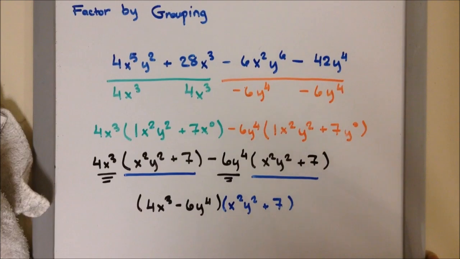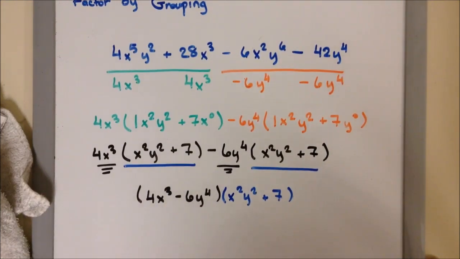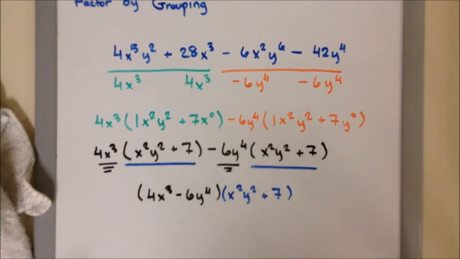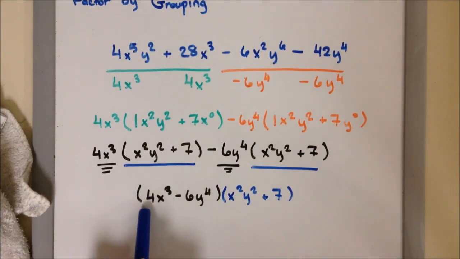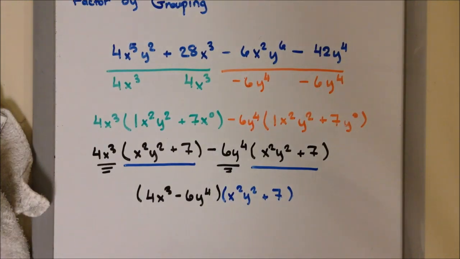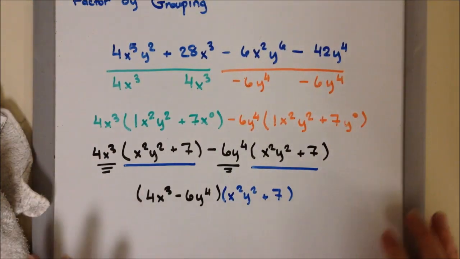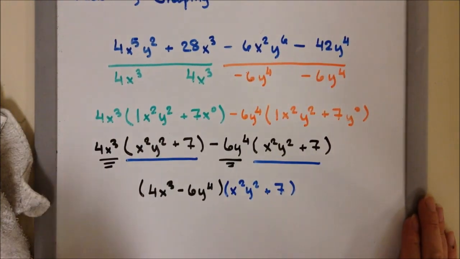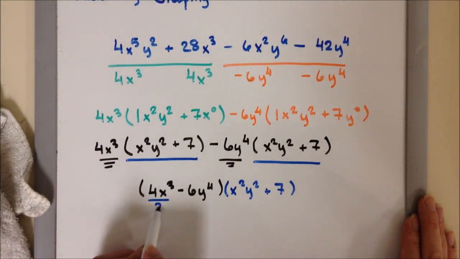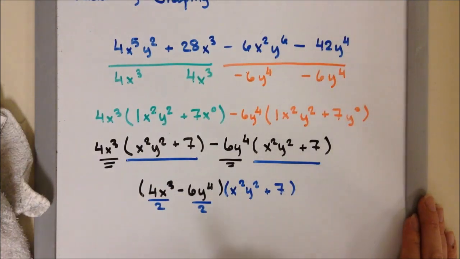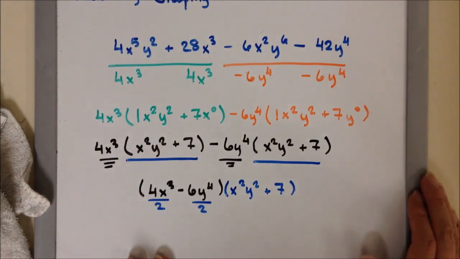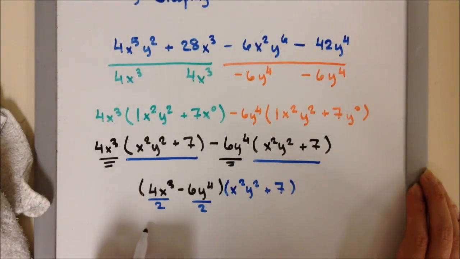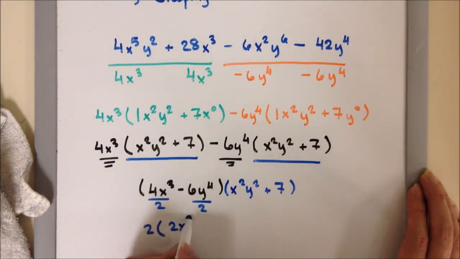But I noticed one more thing inside the first set of parentheses. Notice how you have a 4 in the first term and a 6 in the second term. They're both even. So that means that I can actually continue factoring. My GCF is going to be 2, because 4 and 6 are divisible by 2. So 2 will be on the outside. 4 divided by 2 is just 2 with the x to the third.